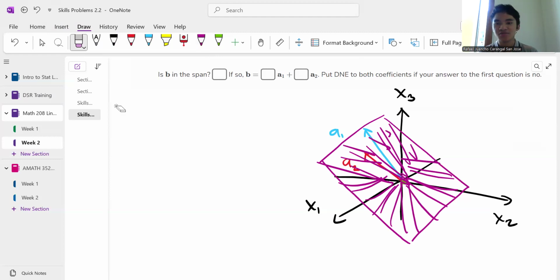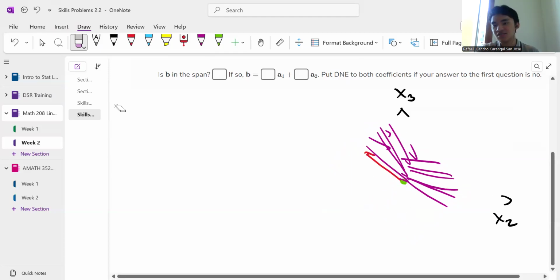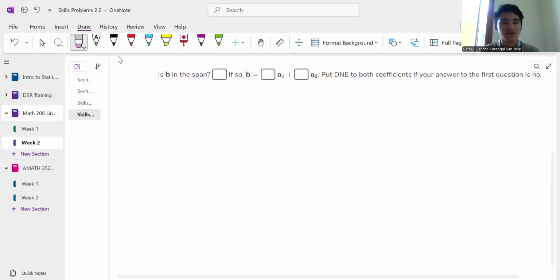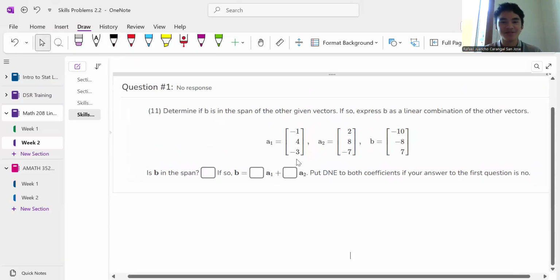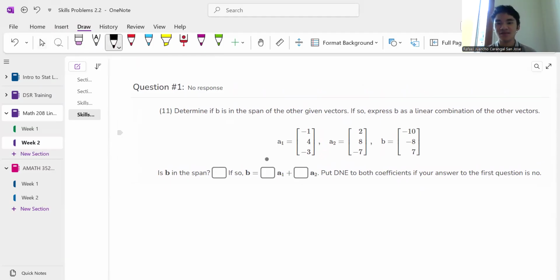And okay, this is a bit messy, but the idea here is we want to know if this b vector is within that span, is inside that area, or inside that plane, right? That's what we want to know. And there's a mathematical notation for this, which I'm not going to go in depth into, but it should be pretty simple.